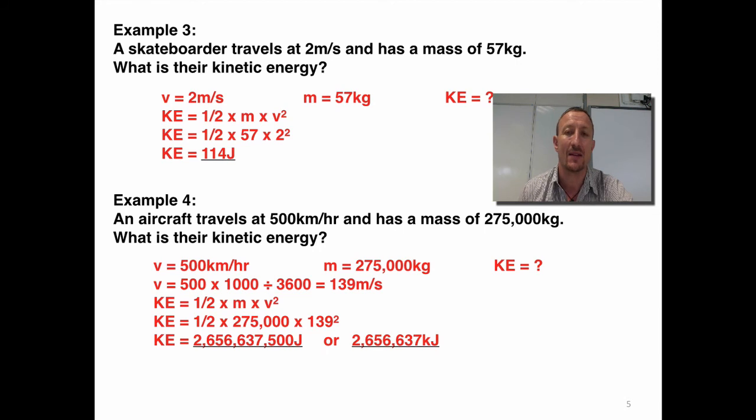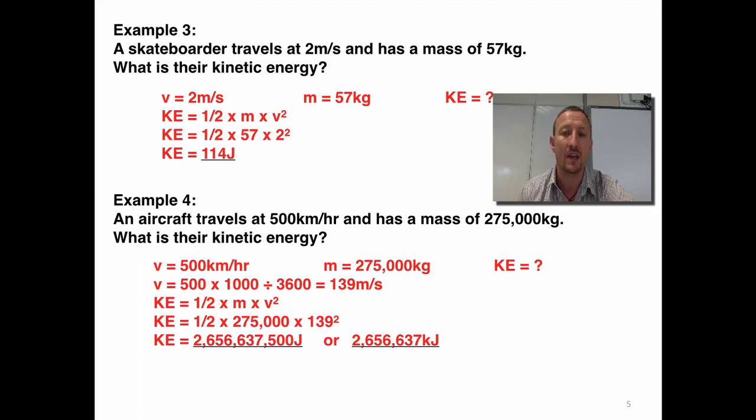There are 3,600 seconds in an hour: 60 seconds in a minute and 60 minutes in an hour, so 60 times 60 makes 3,600. So I multiply the speed, 500, by 1,000, then divide by 3,600, which gives me 139 meters per second.